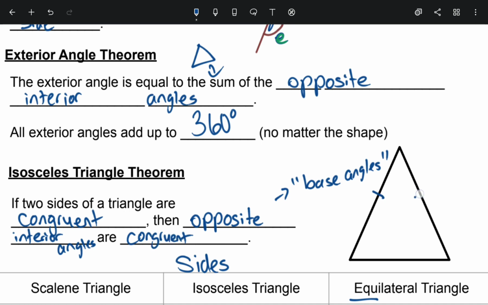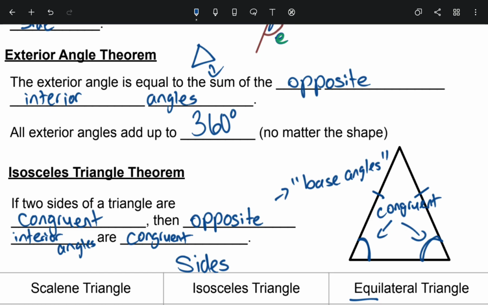So if these two sides are the same length, like let's say they're both 5 inches, then these two angles are congruent. Okay. So those are the 3 theorems that we're going to need to solve these problems.